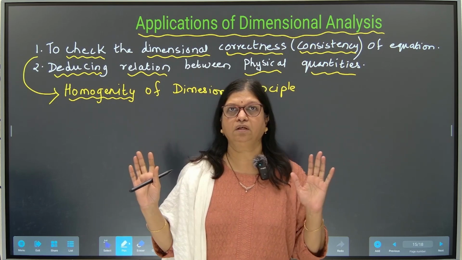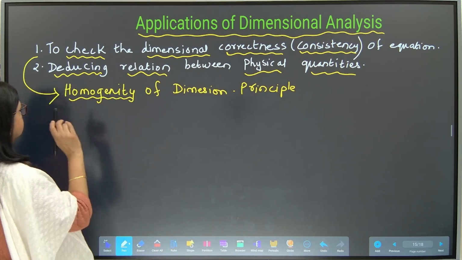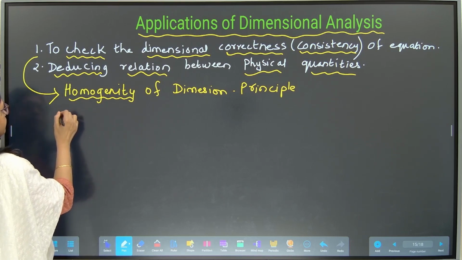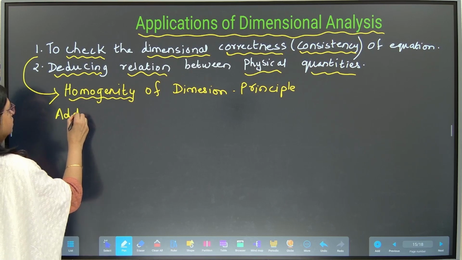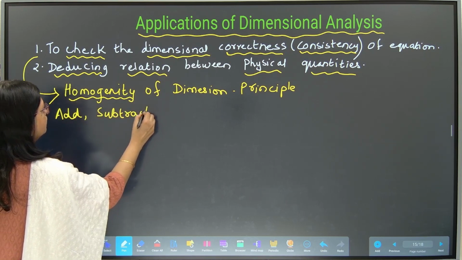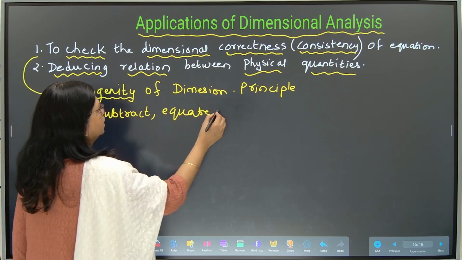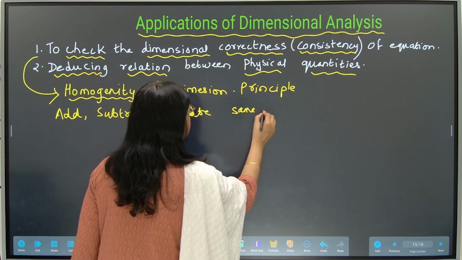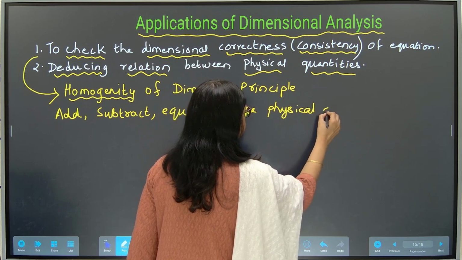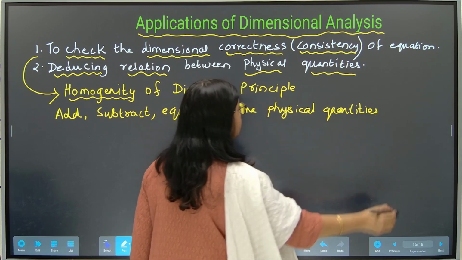I cannot equate. So, what is this principle of homogeneity? It is saying that we can add, subtract or equate same physical quantities only.